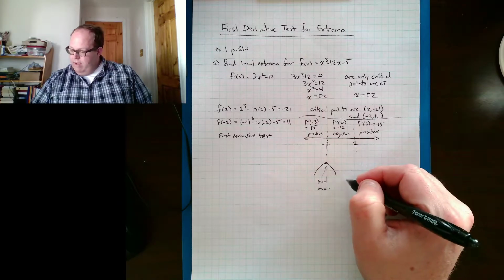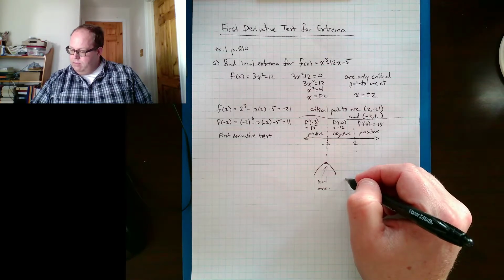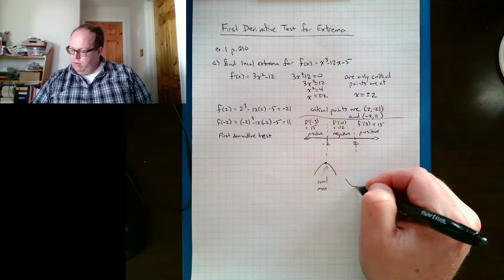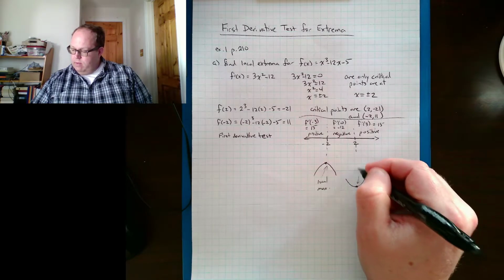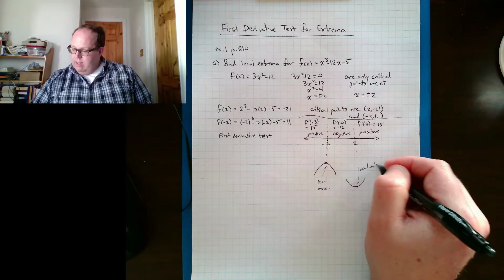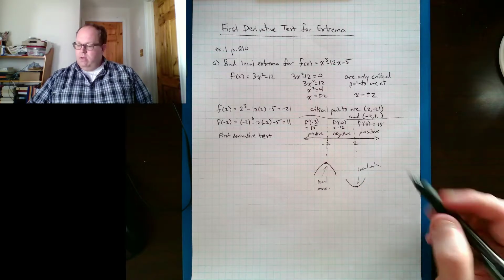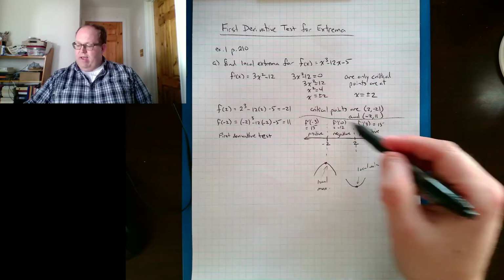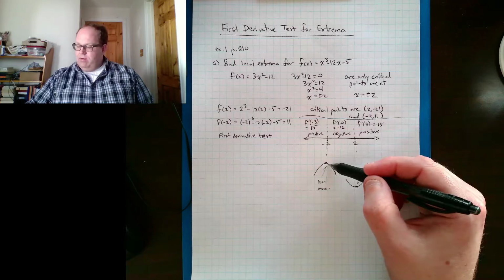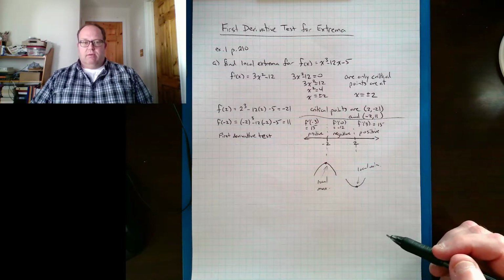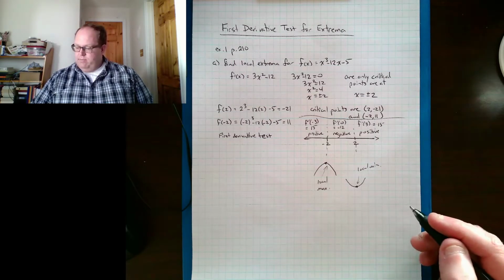Likewise, if I've got a negative slope leading up to a point which then changes into a positive slope, then that must be a local minimum. So just seeing how the derivative acts on either side of your critical points can tell you whether you're dealing with a local maximum or a local minimum in your setup.